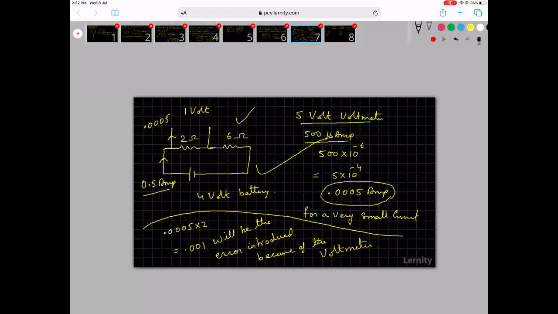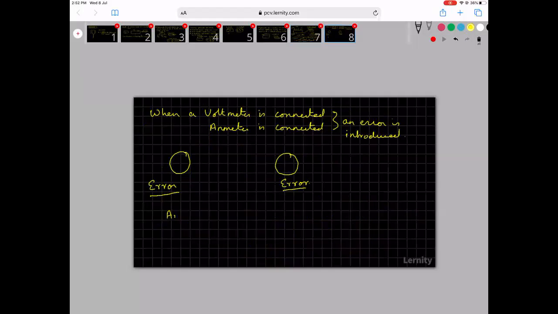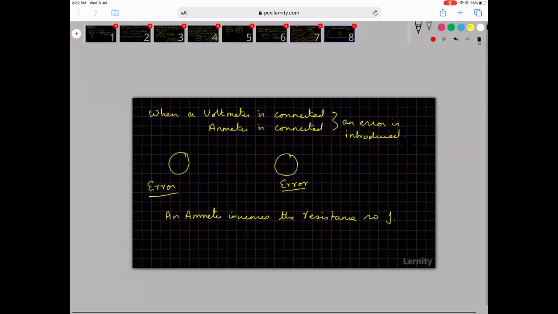This is the previous slide. I am trying to tell you where a voltmeter, or for that matter an ammeter, increases the resistance. An ammeter increases the resistance, so it decreases the current.